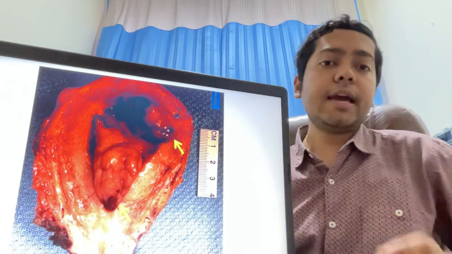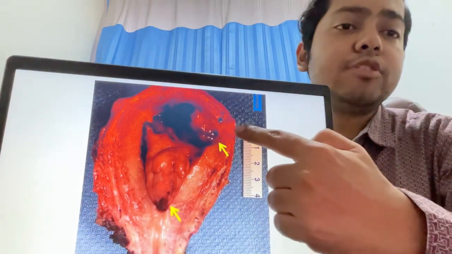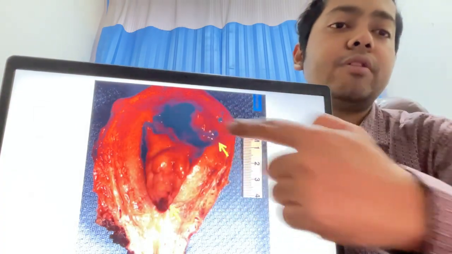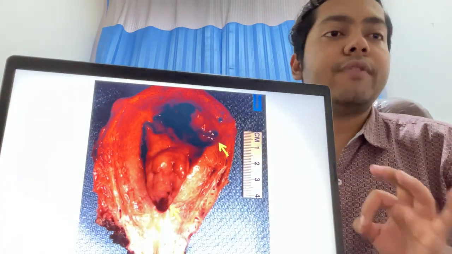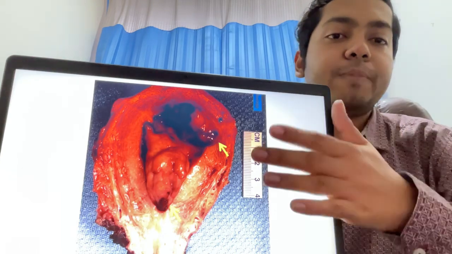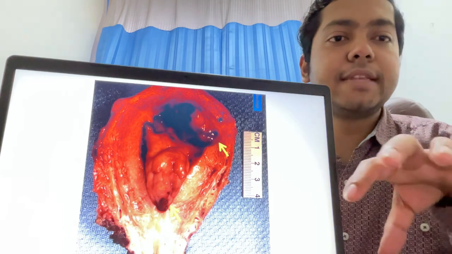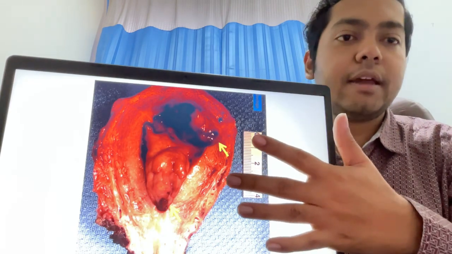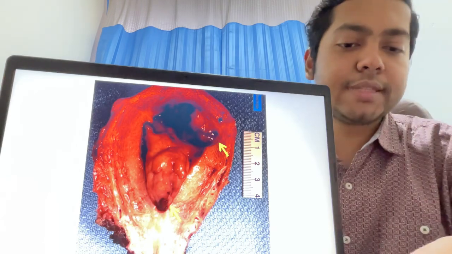Okay, क्योंकि अगर ये CA endometrium है then bilateral tubes and ovaries, that is bilateral salpingo-oophorectomy, is necessary in all cases of carcinoma endometrium, but this specimen is not showing it. Okay, so अगर specimen दिया जाता है, ये real specimen अगर आपको मिले तो आपको आगे पीछे करके देखना पड़ेगा tubes and ovaries हैं कि नहीं.